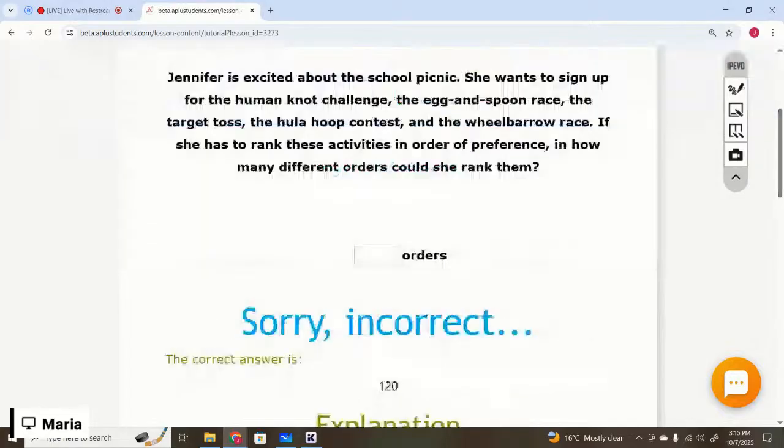Jennifer is excited about the school picnic. She wants to sign up for the human knot challenge, the egg and spoon race, the target toss, the hula hoop contest, and the wheelbarrow race. If she has to rank these activities in order of preference, in how many different orders could she rank them?